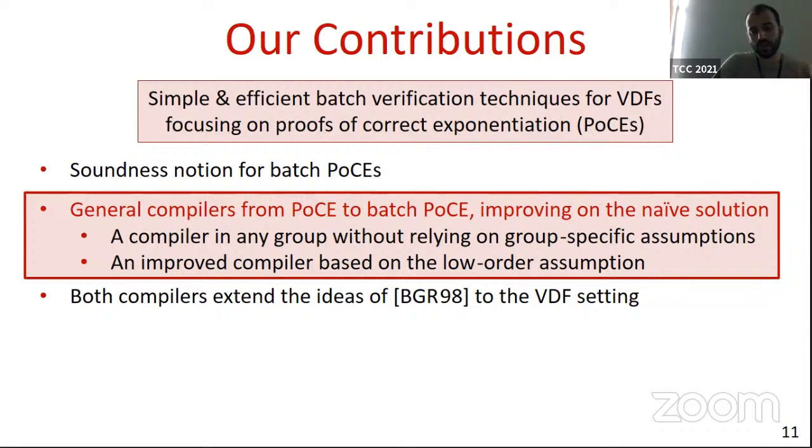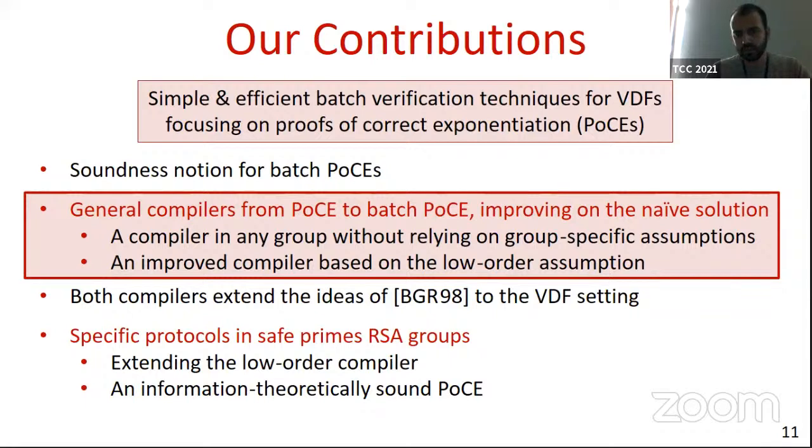One compiler works in any group and doesn't make any group-specific assumptions, and one compiler is specifically based on the low order assumption. Both of these compilers extend the ideas of BGR to the VDF setting.